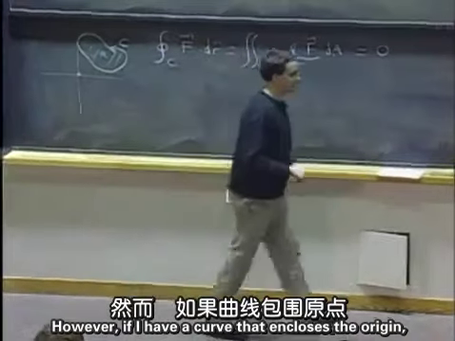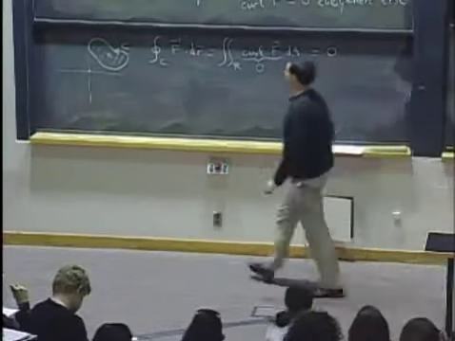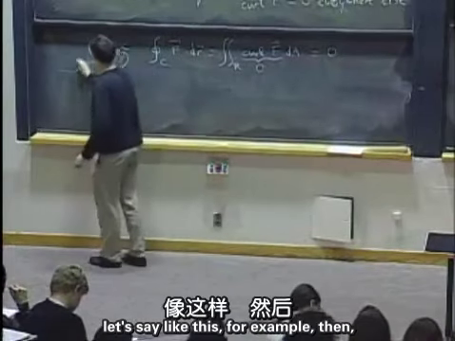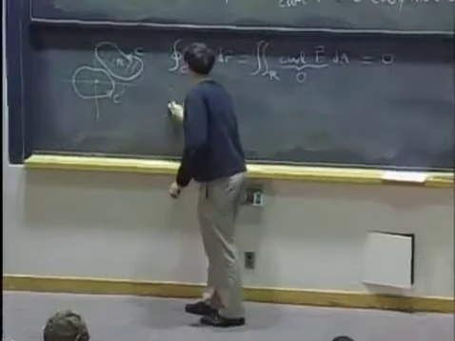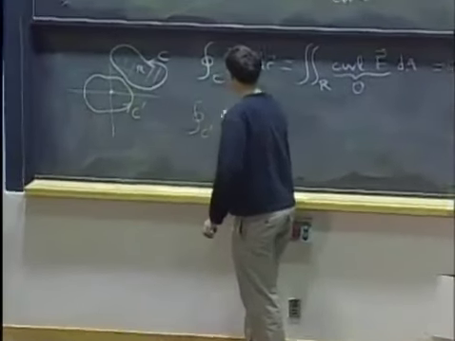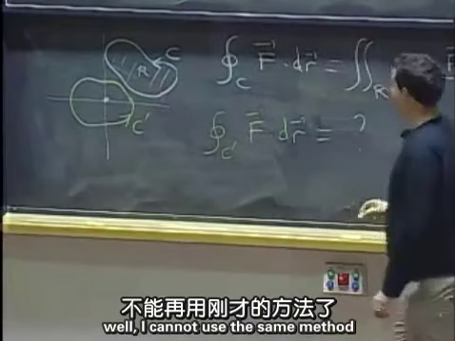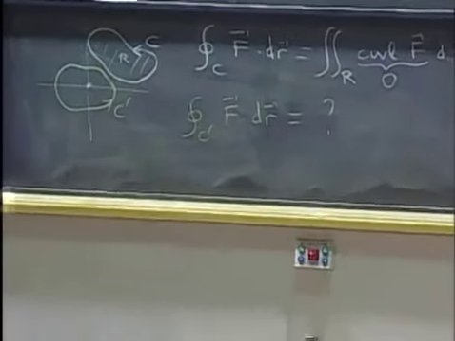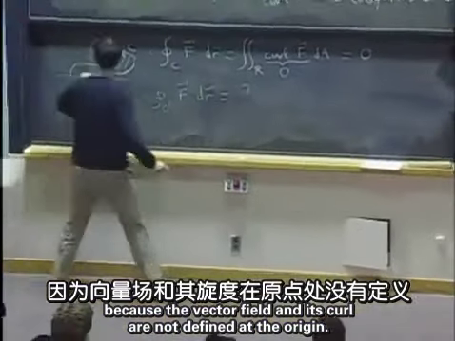However, if I have a curve that encloses the origin, let's say like this, for example, then I cannot use the same method, because the vector field and its curl are not defined at the origin.